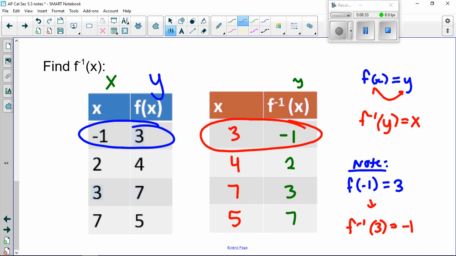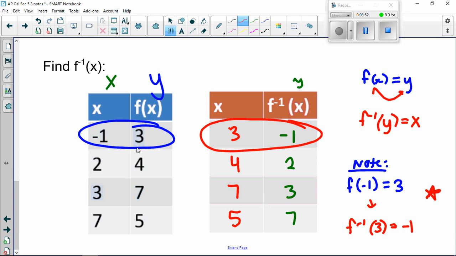If we plug in 3, we get out -1. But this notation specifically is important because we're going to be using it later on when we start doing a derivative of an inverse. Okay. So that's generally everything about an inverse that you should have known coming into this class.